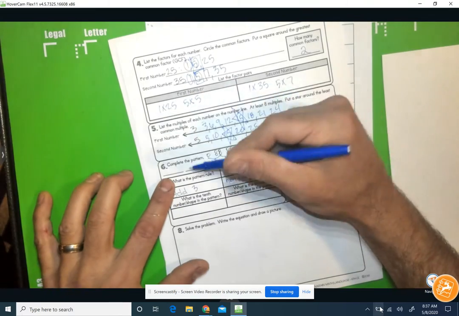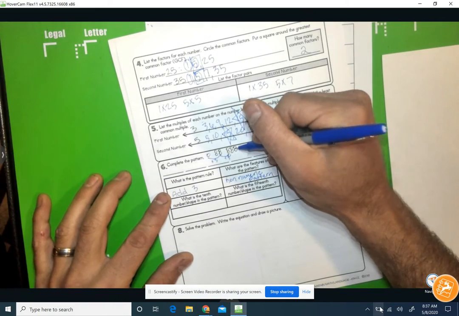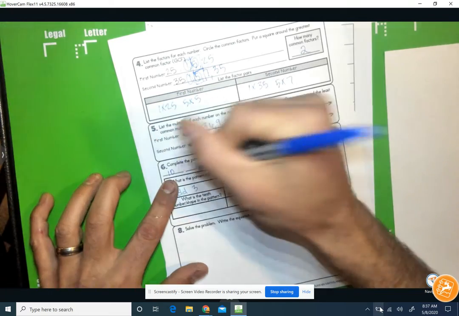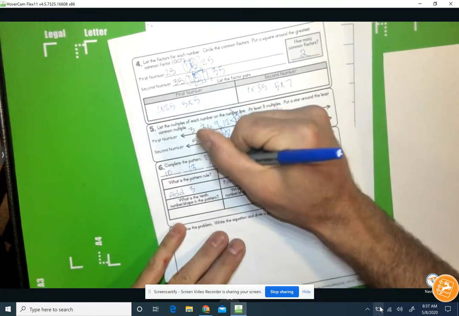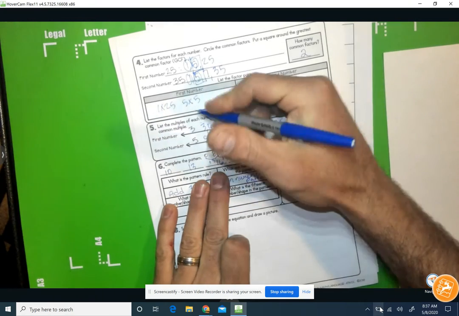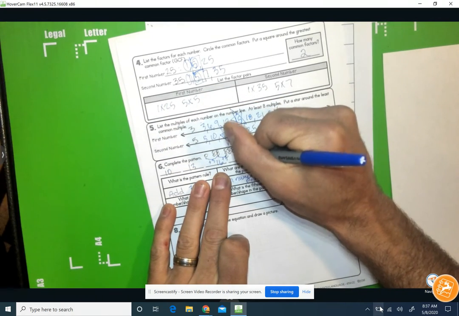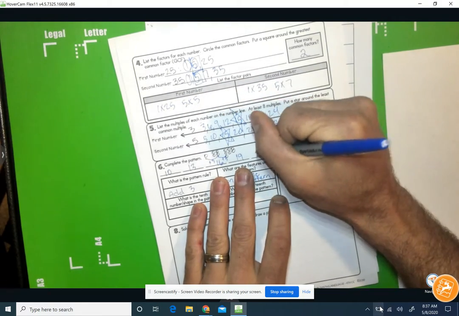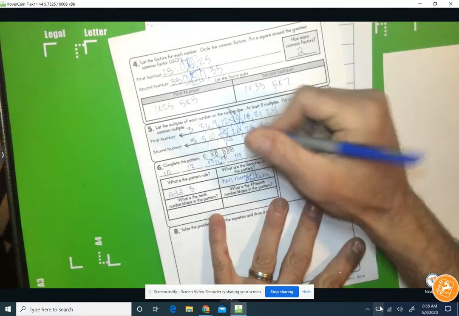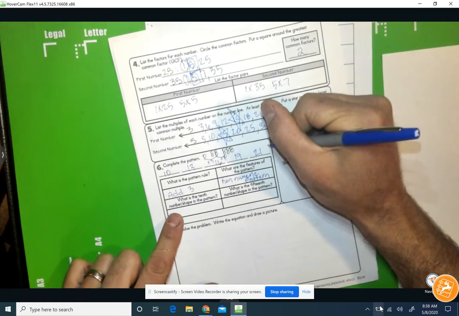Well, let's find out one. If I add 3 to 7, I'm going to get 10. If I add 3 to 10, I'm getting 13. Adding 3 to 13, I'm getting 16. Adding 3 to 16, I'll get 19. Adding 3 to 19, I'll end up with 22. Adding 3 to 22 to get that 10th number, we can just keep going with it.